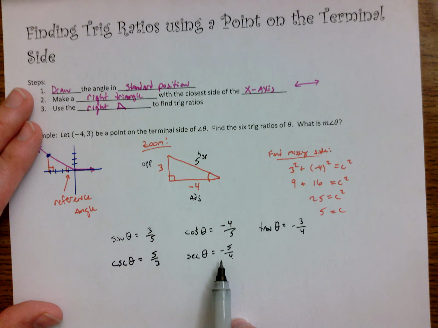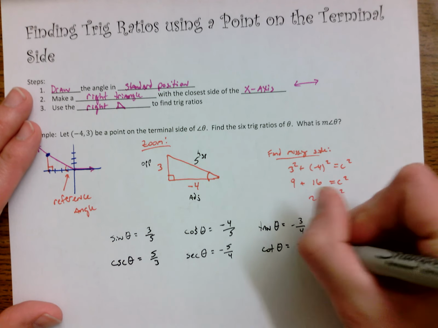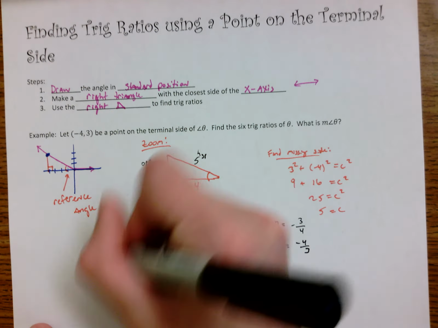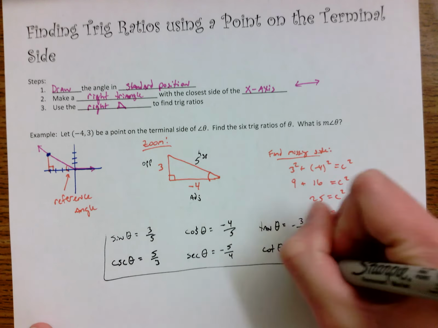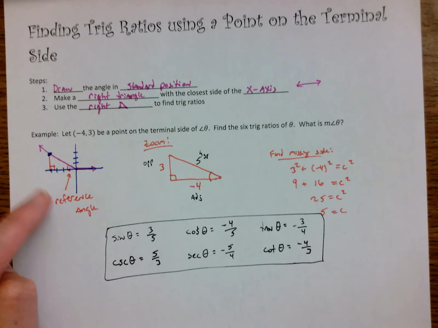See how I just kept that negative in the top? Okay. And then cotangent is going to be -4/3. Voila, 6 trig ratios. So really this isn't much different than what we've done before. You're just drawing this triangle and then using those sides to figure out your different trig ratios.